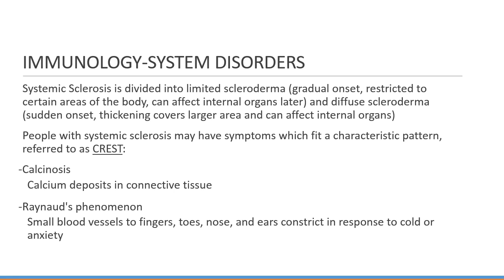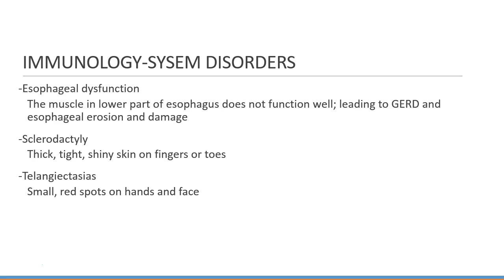People who have systemic sclerosis have symptoms which fit into characteristic patterns referred to as CREST, which is calcinosis, which is calcium deposits in connective tissue, and Raynaud syndrome. The small blood vessels to the fingers, the toes, the nose, and the ears constrict in response to cold or anxiety.